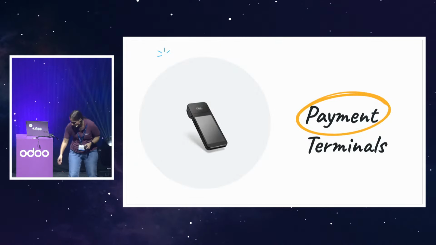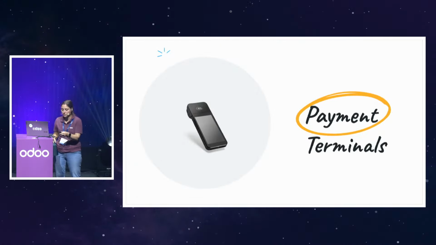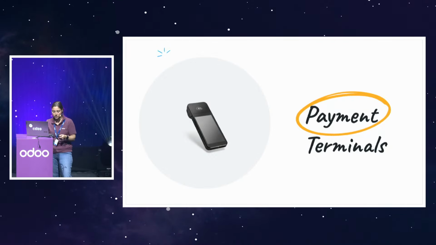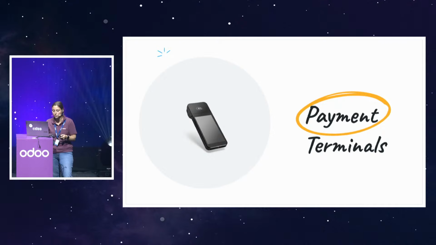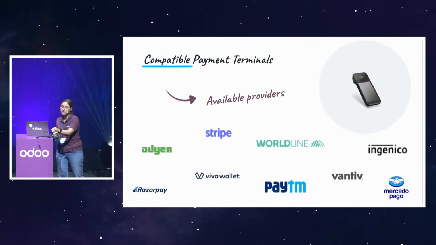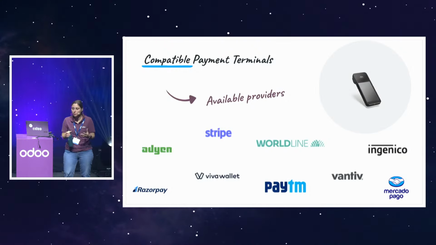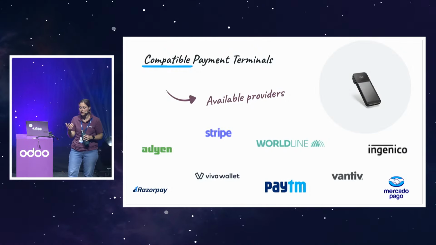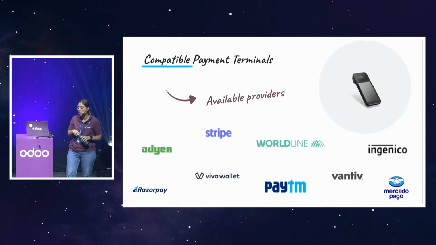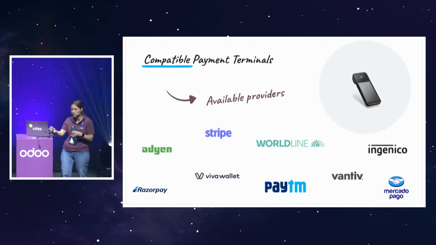So let's move to the topic of payment terminals. That's actually a bit complicated to understand, but I will give you the guidelines so you can choose wisely. So what you need to know here is that a compatible payment terminal is actually an integration. So you really need to choose, if you want an integrated payment terminal, one of the available providers that we have here.